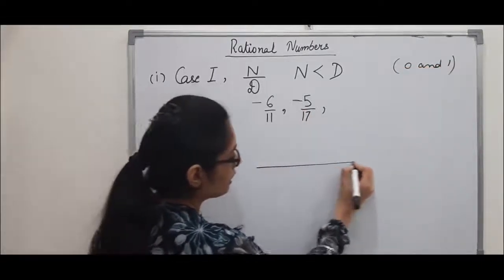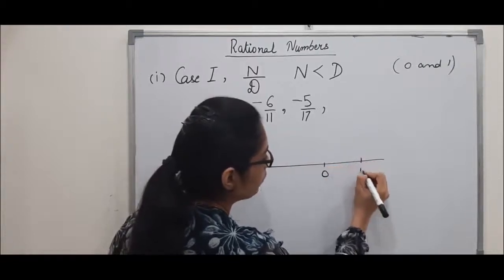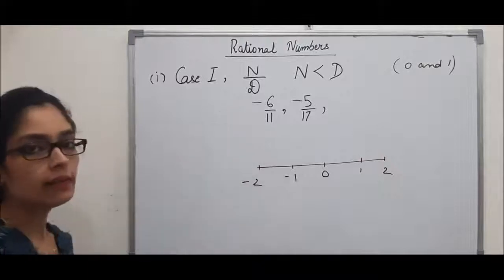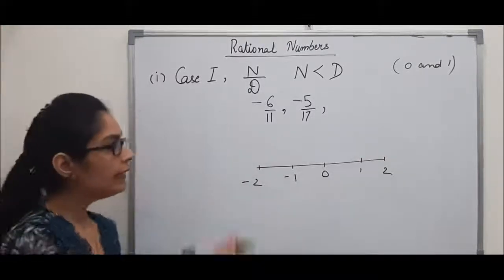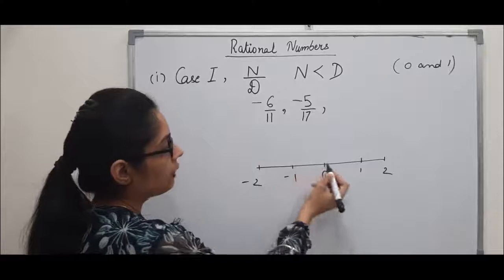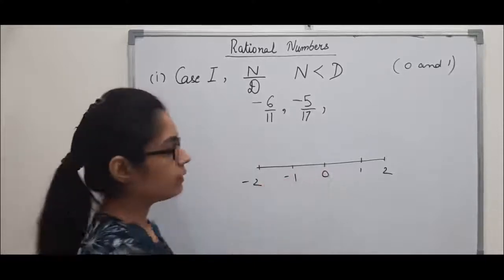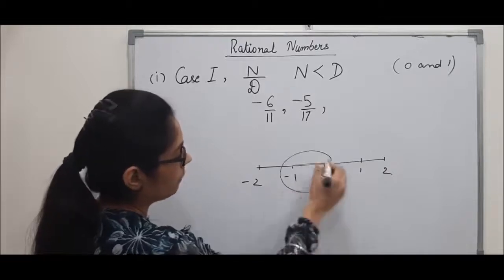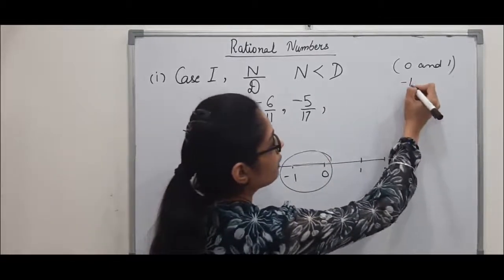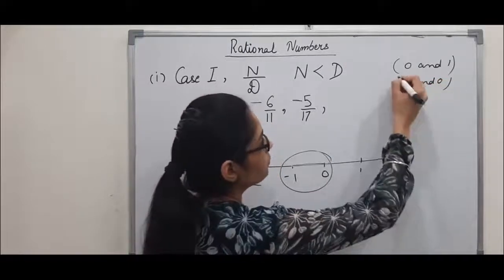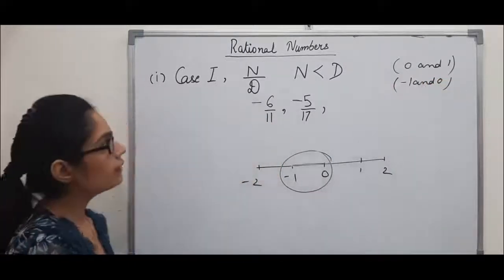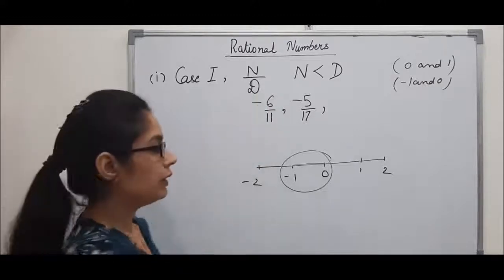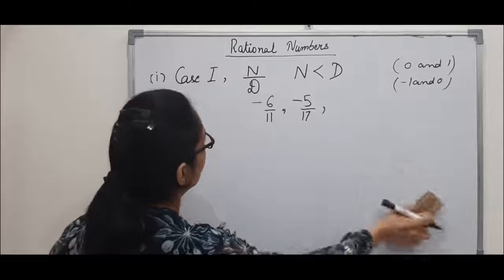The number line looks like this, with positive integers on this side and negative integers on this side. When the minus sign comes along with the number, it lies between 0 and minus 1. So instead of these two, it will lie between these two. It lies between minus 1 and 0 when the numerator is smaller than the denominator. So this was the first case.